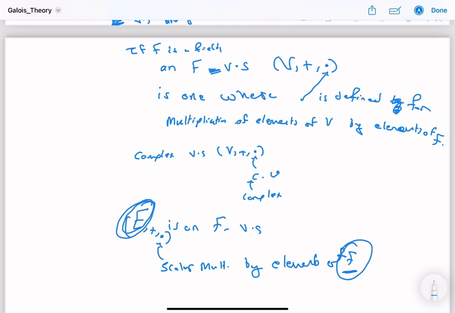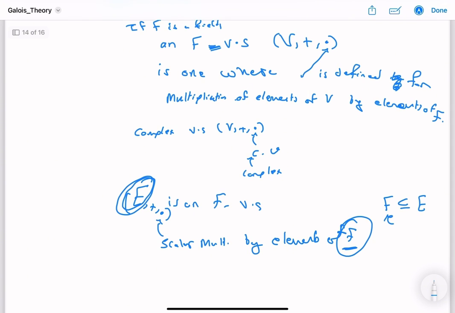So the multiplication between elements of F and elements of E is defined because F is a subfield of E. Because F is a subfield of E, we can multiply elements of F by elements of E and remain in E, right? This is very important, right?